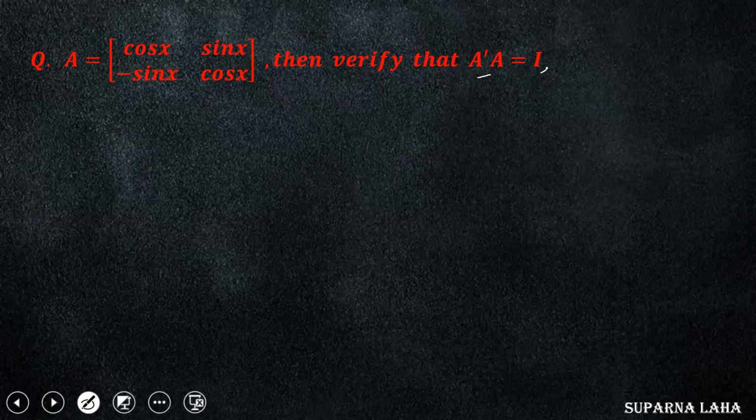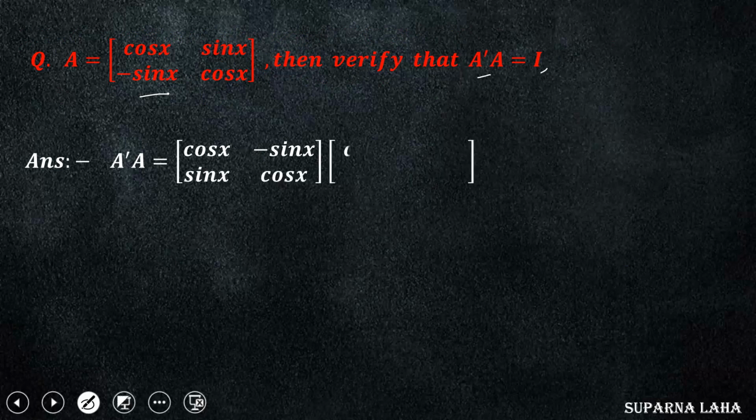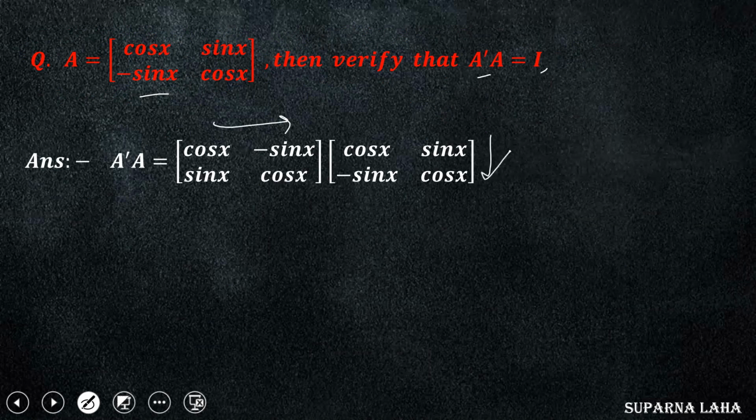Firstly you need to find A transpose, then multiply A transpose with A. You know how to multiply matrices. So what is A transpose? Just interchange the rows and columns: cos x, minus sin x, sin x, cos x. Then write down A, that is cos x, sin x, minus sin x, cos x, and multiply the rows with columns.